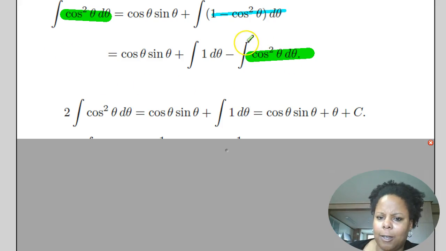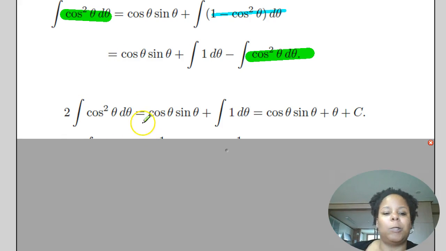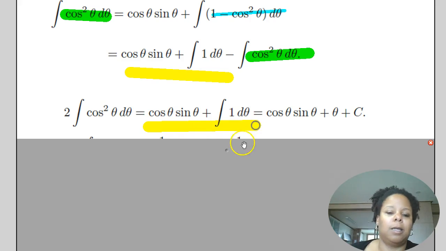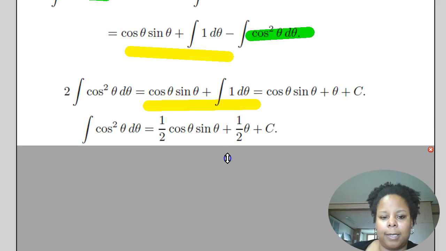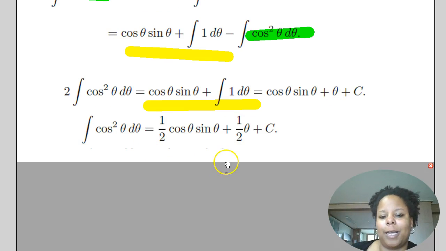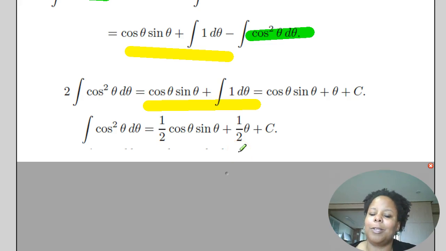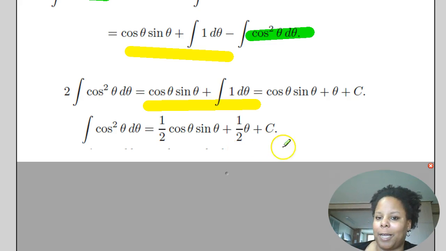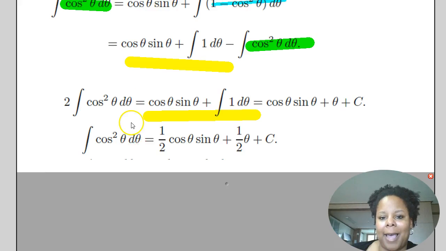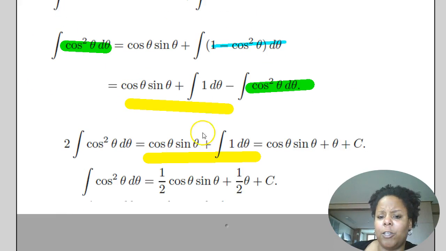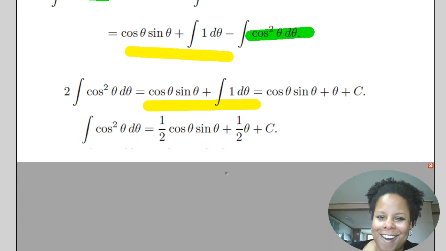So let's just add the integral of cosine squared theta to both sides. So now we have 2 times the integral of cosine squared theta equal to what's left. And what's left is essentially cosine theta sine theta plus theta. And then I divide it by 2. So I get 1/2 cosine theta sine theta plus 1/2 theta plus c. And that's my answer. So sometimes if you end up back at the same thing, you can use that to your advantage. All right, that's it.